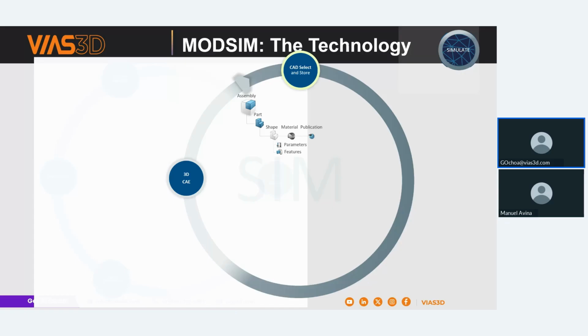So we pick a CAD, we start working on the geometry cleanup, and during this step, we create another representation of the 3D part, and that's going to be an abstraction shape, which is, we can think about the abstraction shape as a copy of the shape, but where the simulation user can perform geometry cleanup tasks while maintaining a direct link between the original shape and the modified geometry.